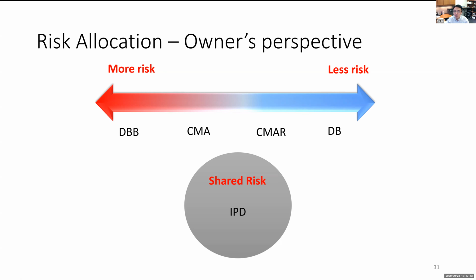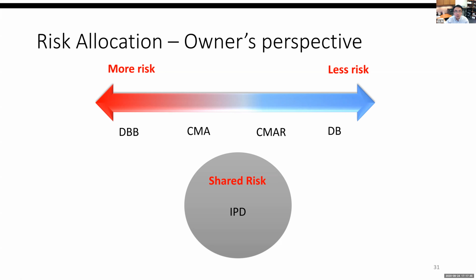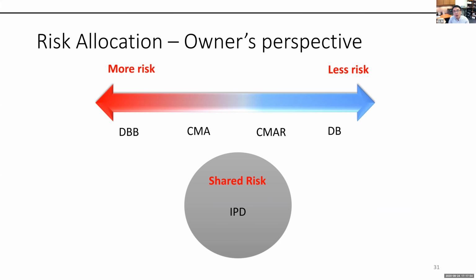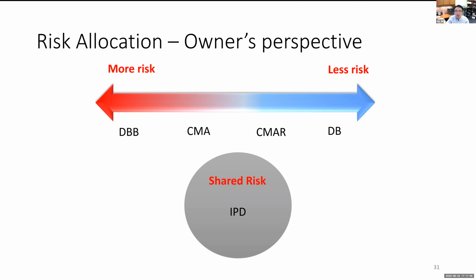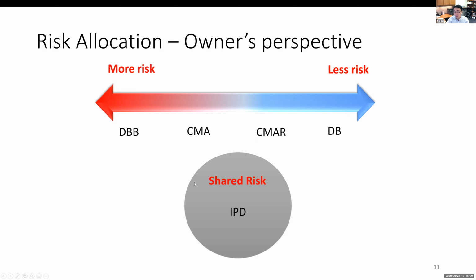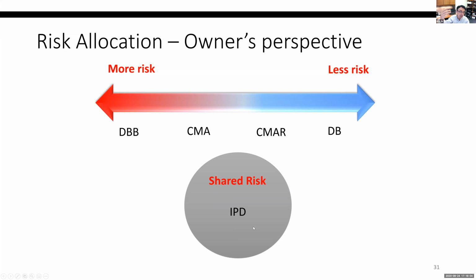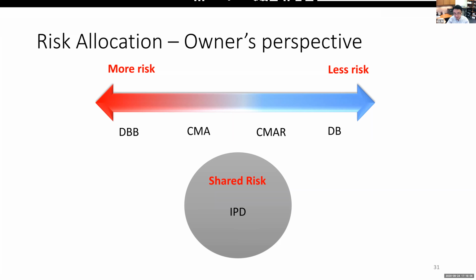I report a number to you. Don't ask me how much I actually spend. All things left in my pocket will become my profit. So the risk for a general contractor is actually the upside. DBB represents the lowest risk, right? And the IPD represents the highest risk because I probably wouldn't have that much profit.